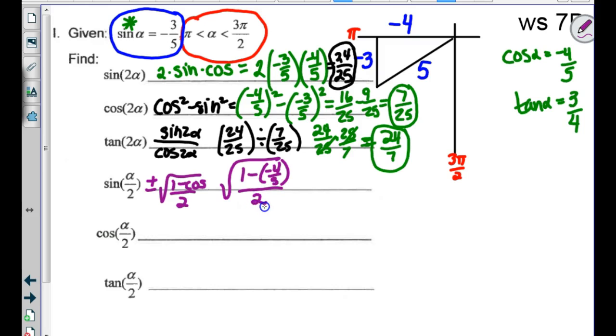Math, enter, enter. So you end up with 9/10. Everybody get that? You don't want to put the square root in because you're looking for an exact answer. Good news for the top. What's the top? 3. The bottom is just square root of 10, so we have to rationalize and get 3 square roots of 10 over 10.